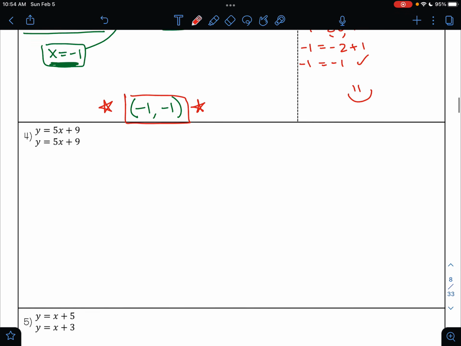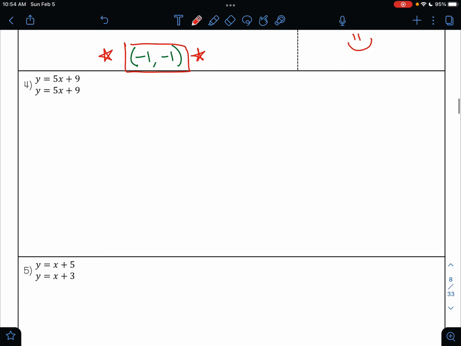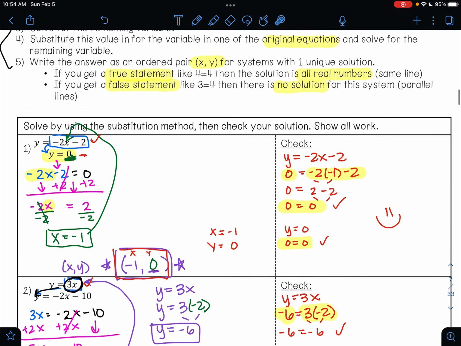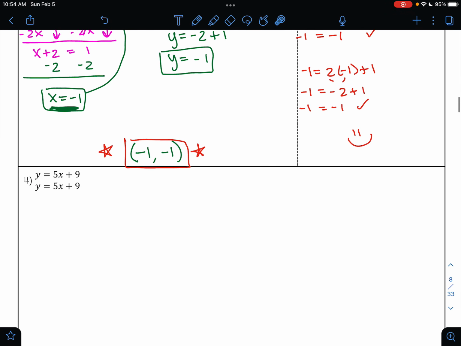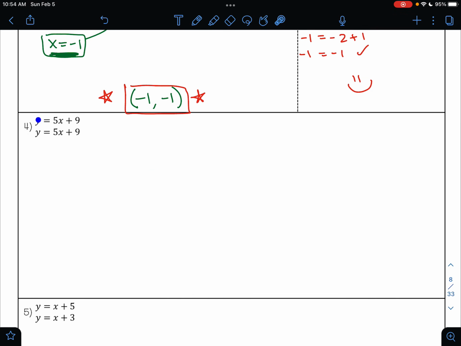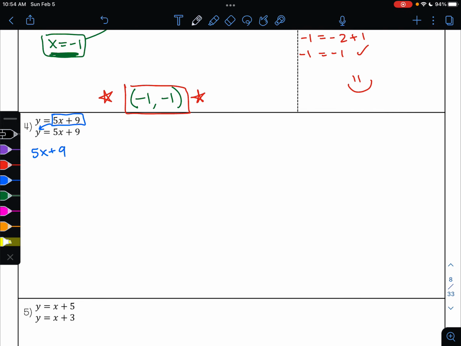If we look at example 4, again, we want to check to make sure that we have at least y equals for one equation, and lucky for us, we have y equals for both. So I'm going to take what y equals in this equation and plug it in here. So I'm going to have 5x plus 9 is equal to 5x plus 9.